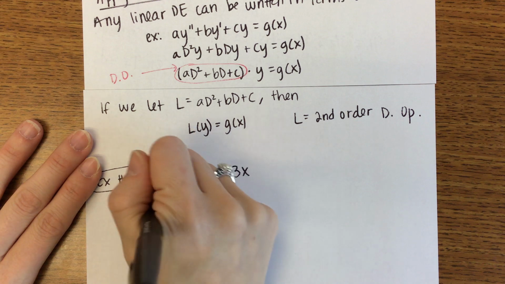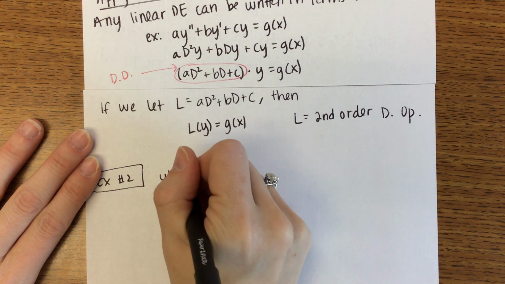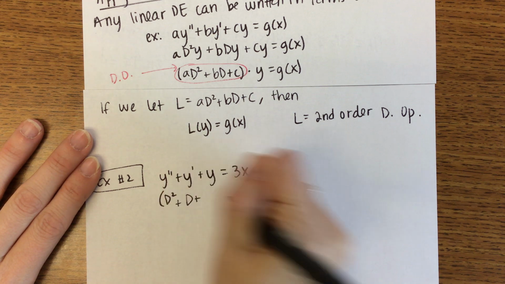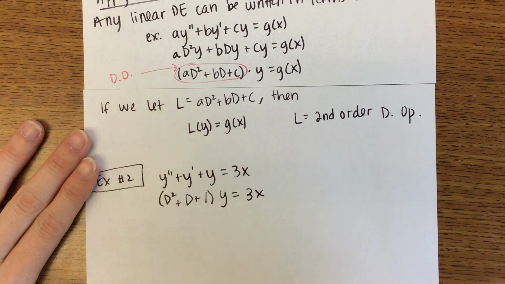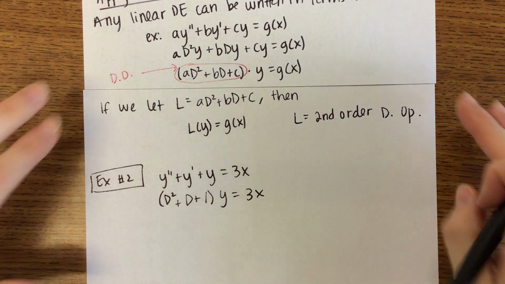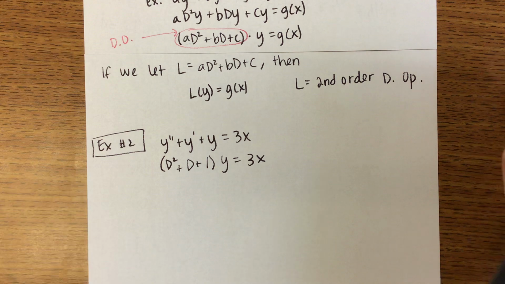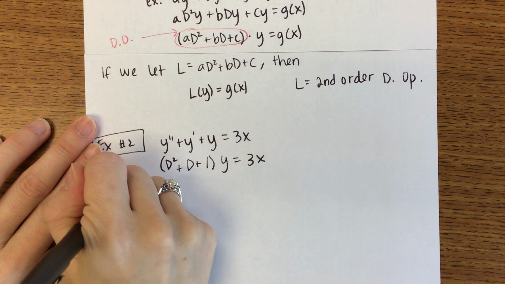To get y double prime, I apply D squared to y. y prime is just D. That's a 1 times y is equal to 3x. Okay, any questions so far? No. Okay, we are going to need to use these differential operators when we're solving non-homogeneous linear differential equations.